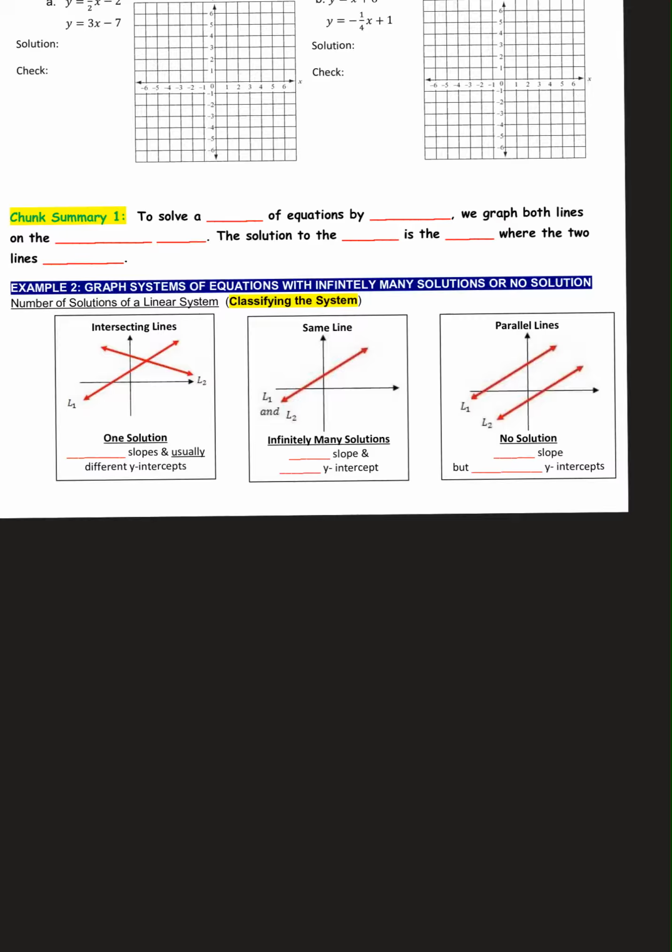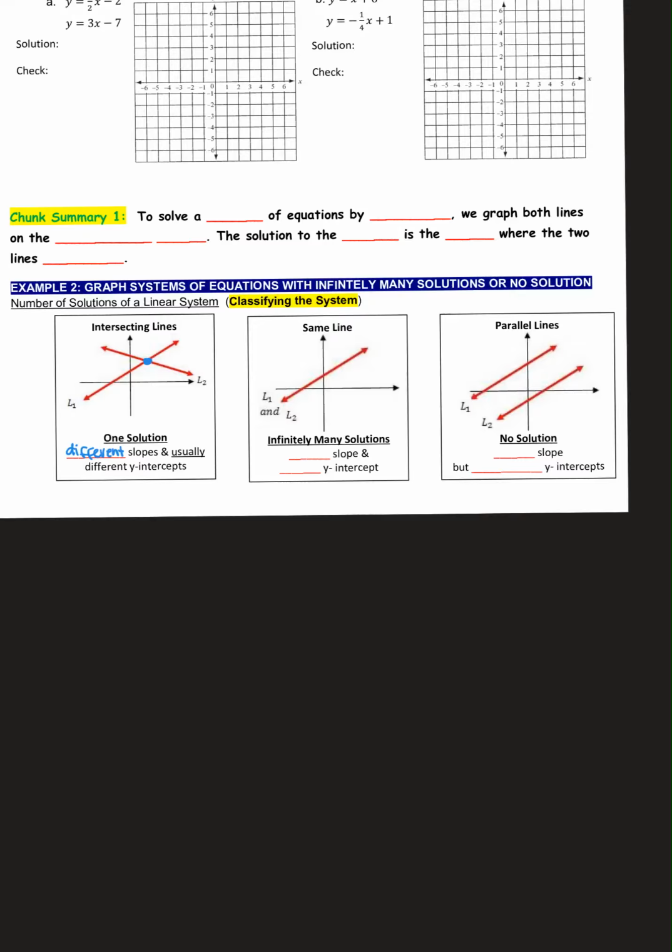Intersecting lines have one solution, and that one solution is, remember, where they intersect, okay? And they also always have different slopes. Now, another system tries to disguise itself, but they're actually the same line.